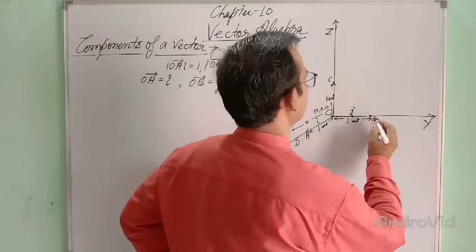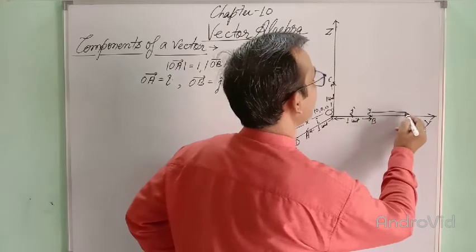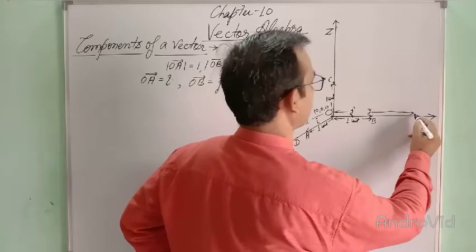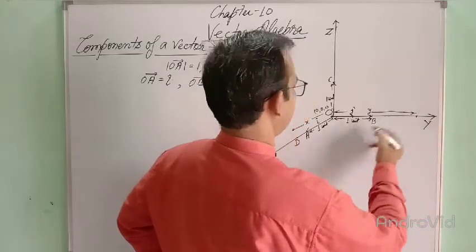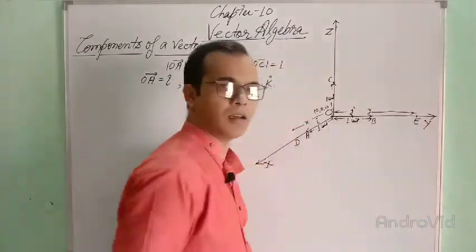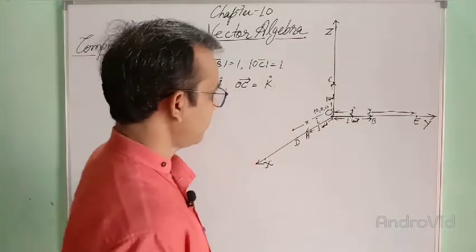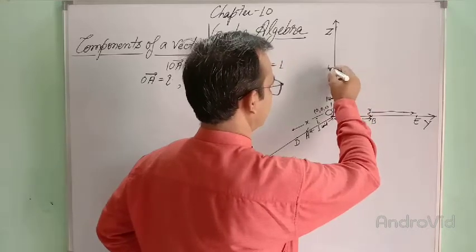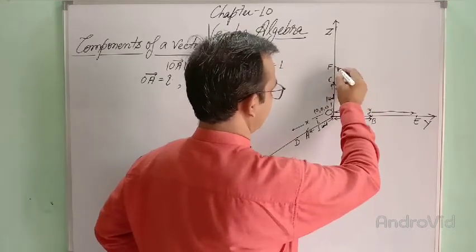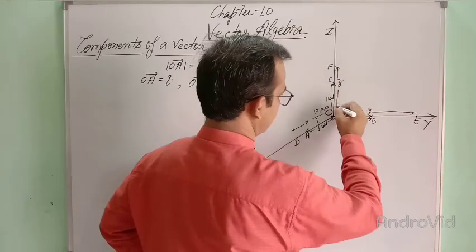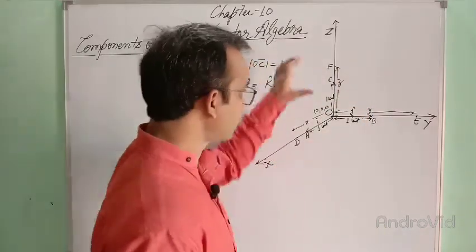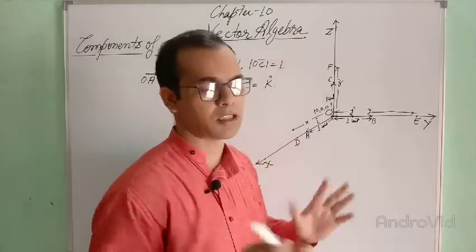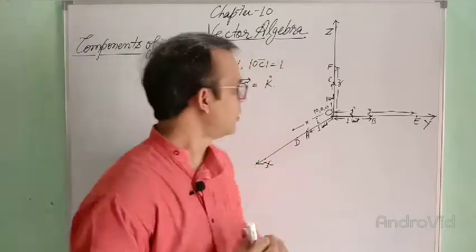So let the distance y be this much from the origin, and suppose it is the point E. Now in the same way we can consider a point F at a distance of z units. This will be the distance covered along the z-axis when we draw the perpendicular from that point P in the space having the coordinates x, y and z.